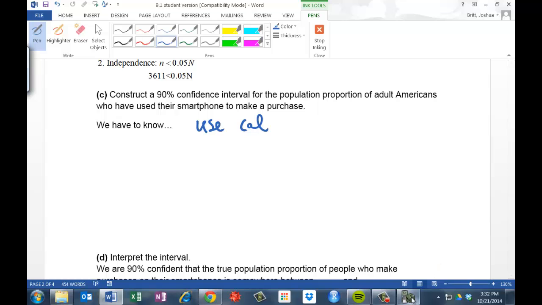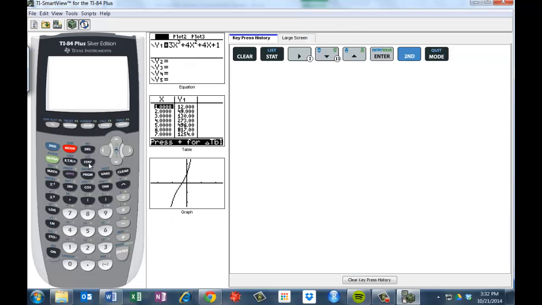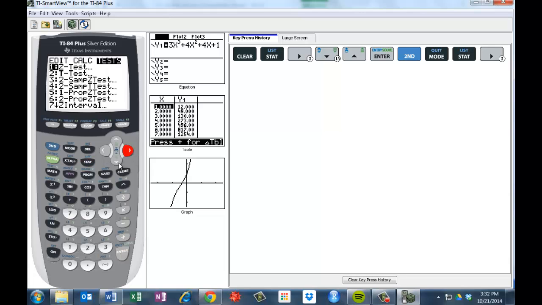And what we're going to do is we're going to go to Stat. We're going to go over to Test. And we're going to arrow down until we see 1-PropZInt, this one right here.